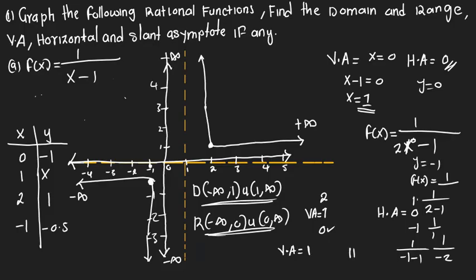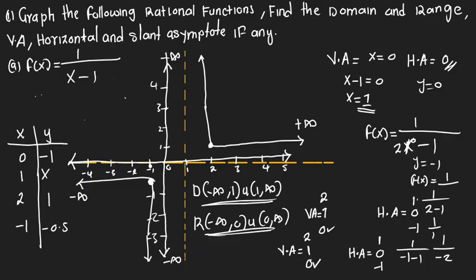Get one number above 1. Get one number below 1. Then come to the horizontal asymptote. Get one number above 0. Get one number below 0. Combine the coordinates.